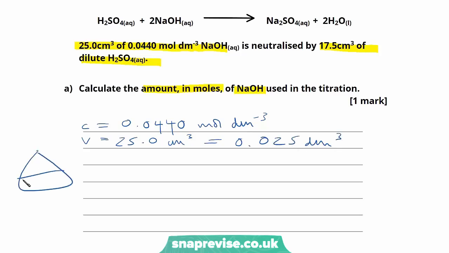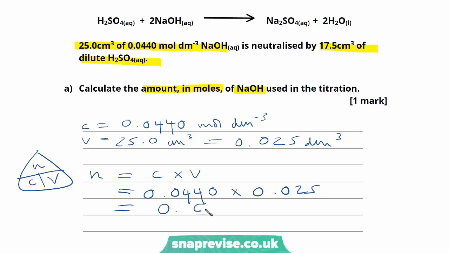We can look at our pyramid, which is the number of moles is equal to the concentration multiplied by the volume. So n is equal to c times v, which is 0.040 multiplied by 0.025 to give us 0.0011 moles of sodium hydroxide used.